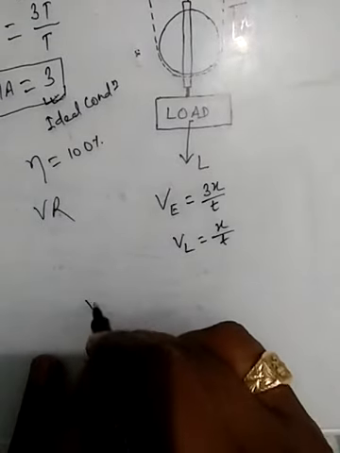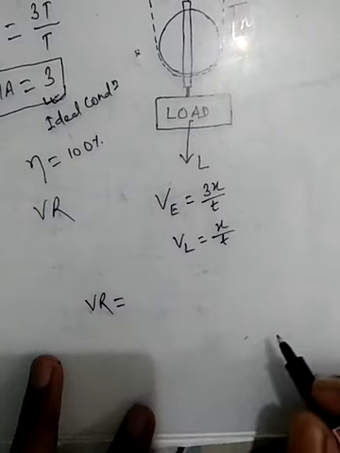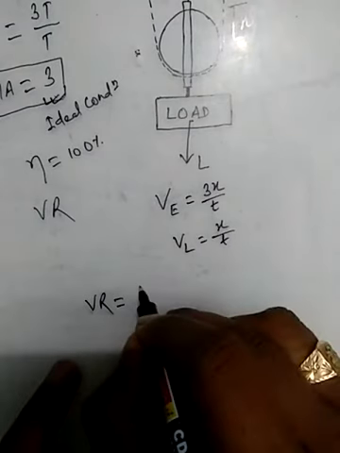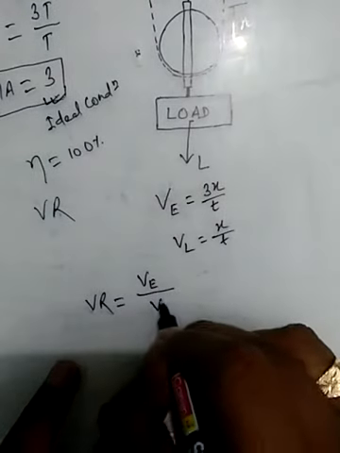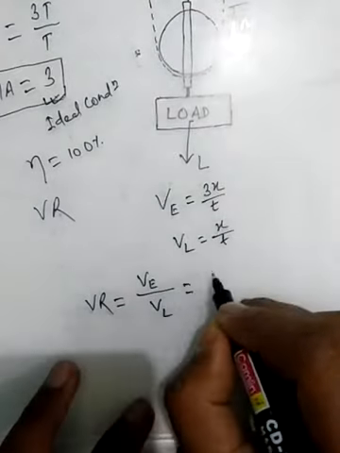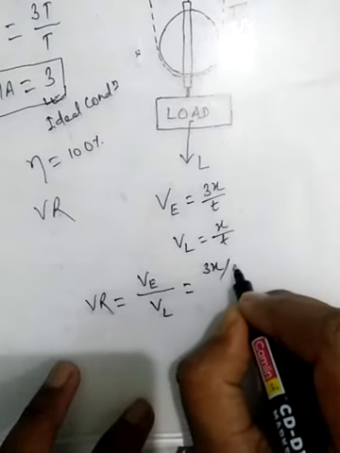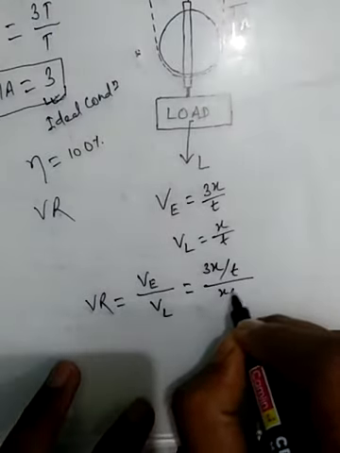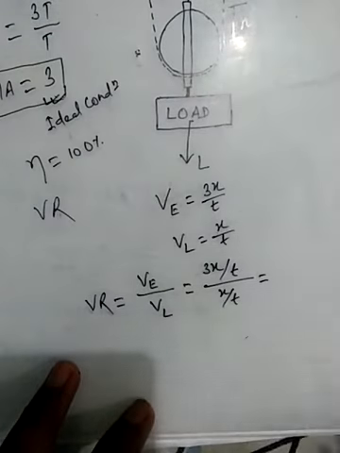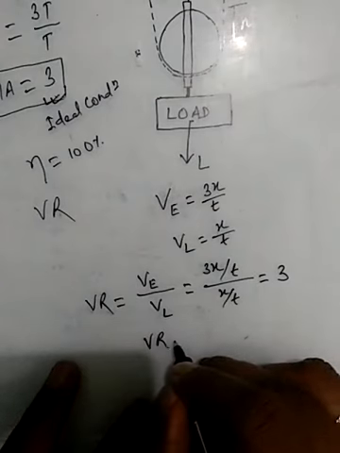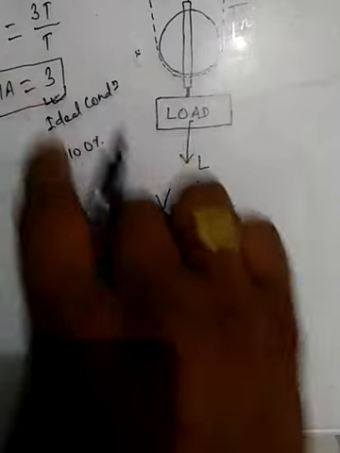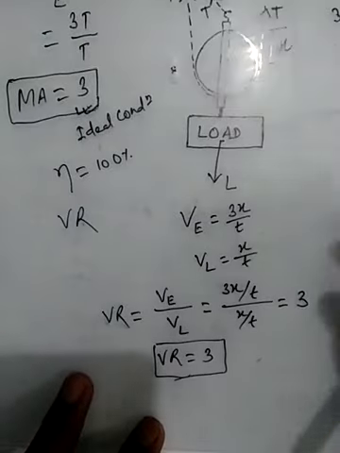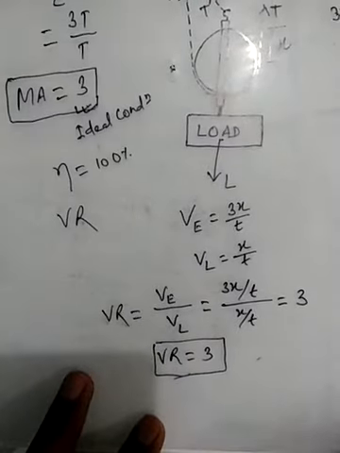Then from the definition of velocity ratio we know that it is the ratio of velocity of effort upon velocity of load, which will be equal to 3x upon t upon x upon t. This is also equal to 3. Velocity ratio is equal to 3, which is equal to the mechanical advantage of this system in ideal condition.